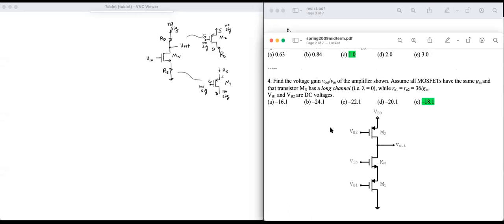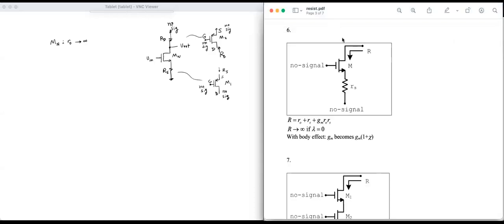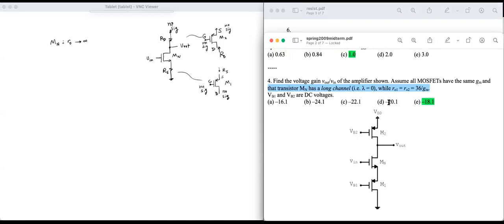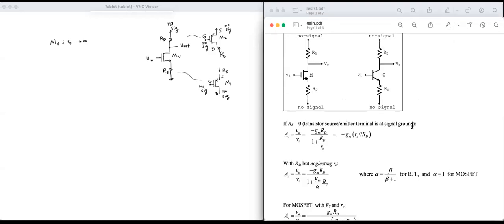And the transistor MN has a long channel, i.e. lambda is 0. So only for MN, its RO is infinite because it has a long channel. So lambda is 0, so there's no RO for MN. So when I look for the formula, I will apply the formula when there's no RO.